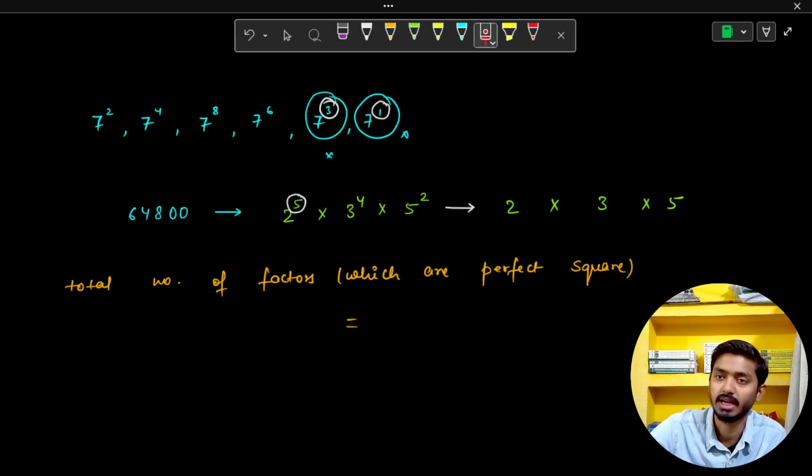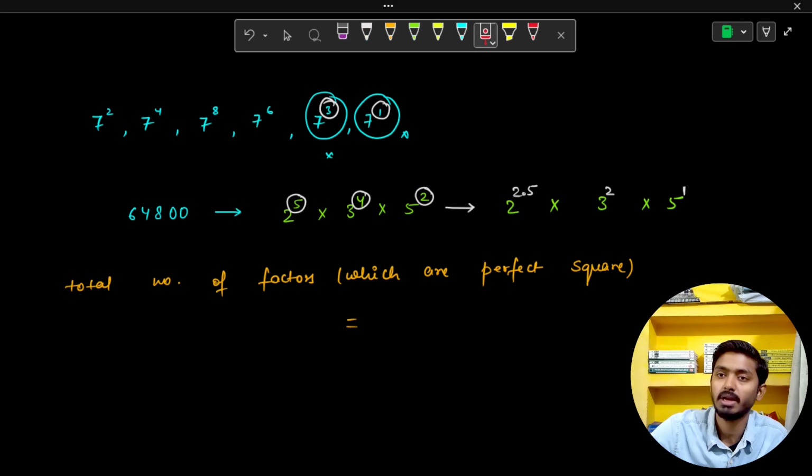Again, we want the exponents to be divisible by 2, so we divide the exponents by 2. Divide 5 by 2, you get 2.5. You divide 4 by 2, you get 2. Divide 2 by 2, you get 1.